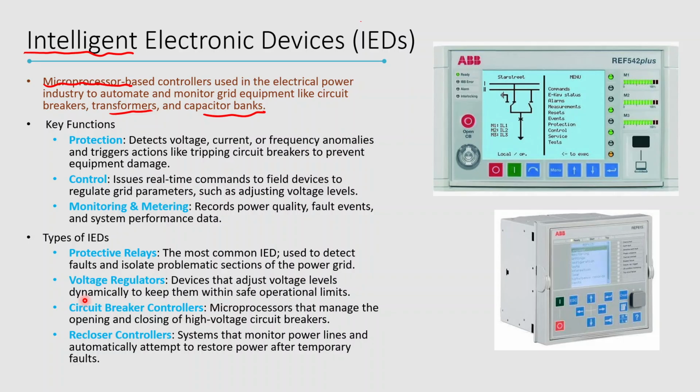Then the circuit breaker controllers are the microprocessors that manage the opening and closing of the high voltage circuit breakers. These are basically for maintenance and repair purposes. Other times the circuit breakers will be operated from the commands that are coming from the protective relays and so on. And the recloser controllers are systems that monitor the power line and automatically attempt to restore the power after a temporary fault.